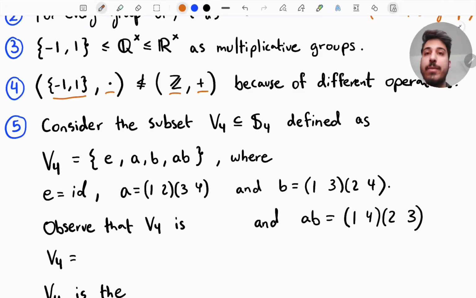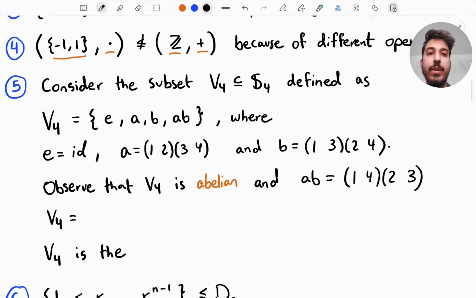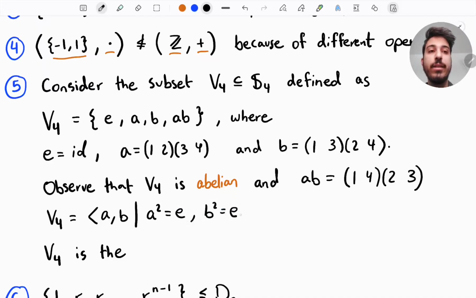Moreover, notice that V4 is abelian. That is, it's a commutative subgroup. And if we write down the presentation of the group V4, we would say it is generated by A and B, and they have certain relations that V4 satisfies, which is A squared is equal to the identity, B squared is equal to the identity, and AB squared is equal to the identity.